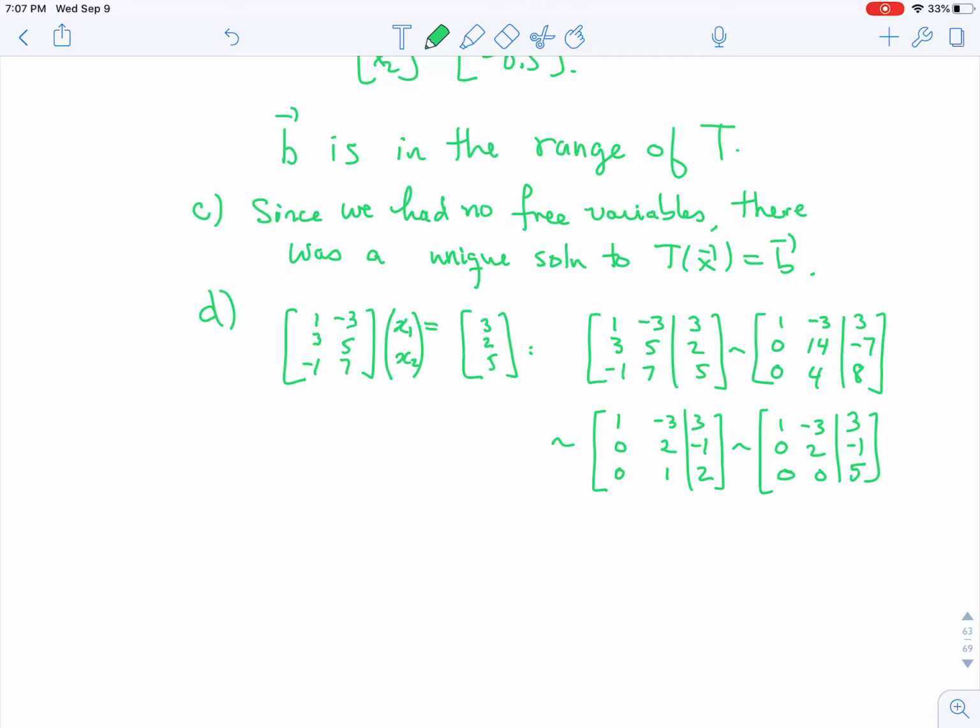I'm going to get a 5 there. And so I'm actually going to get an inconsistent system, because now in this augmented matrix I have 3 pivots, and so this is inconsistent.